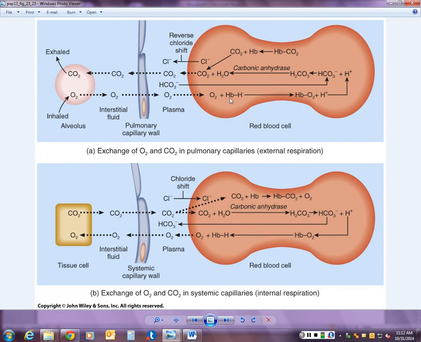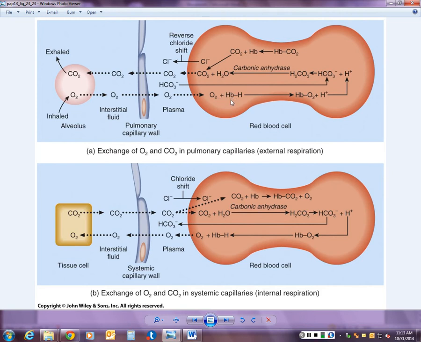Now, why will hemoglobin bind oxygen during external respiration? Remember, when the partial pressure of oxygen, the PO2, is high, that's when hemoglobin's affinity for oxygen will be high. And I said earlier, the highest partial pressures of oxygen occur within the lungs, and that's exactly where this process of external respiration is taking place. So during external respiration, hemoglobin's affinity for oxygen is very high.